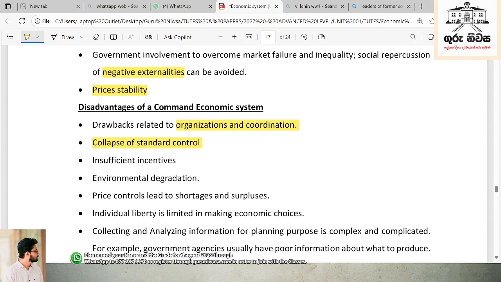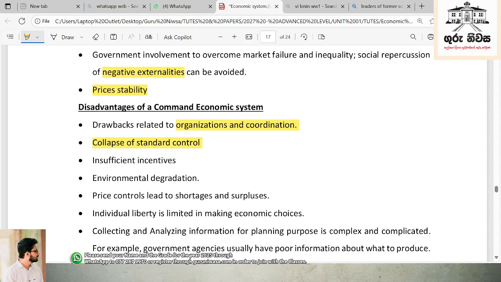That is human nature, even myself. If I'm not given some benefit, I don't like it. Social welfare or doing something for the society does not motivate people. That's why in this economic system they use commands.